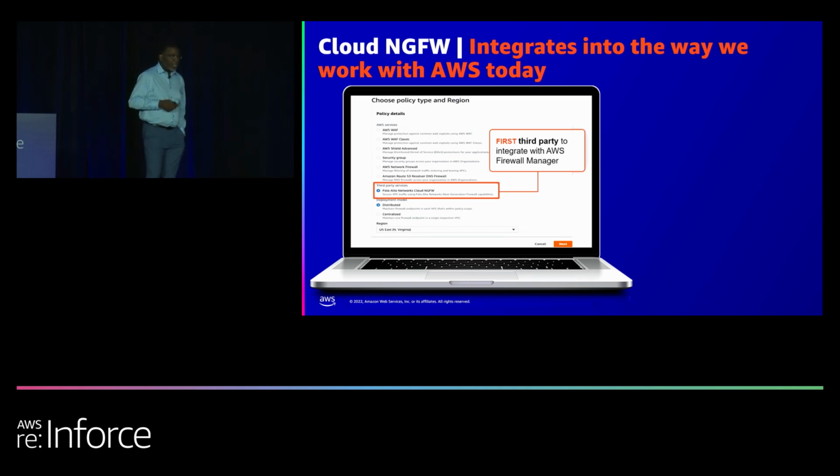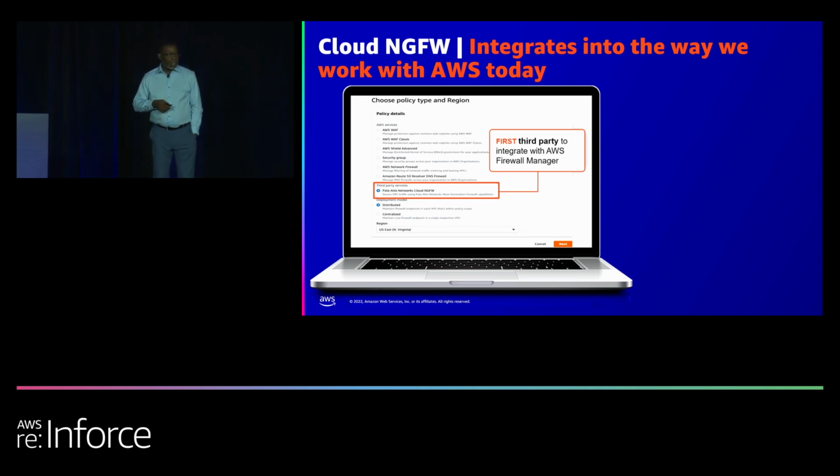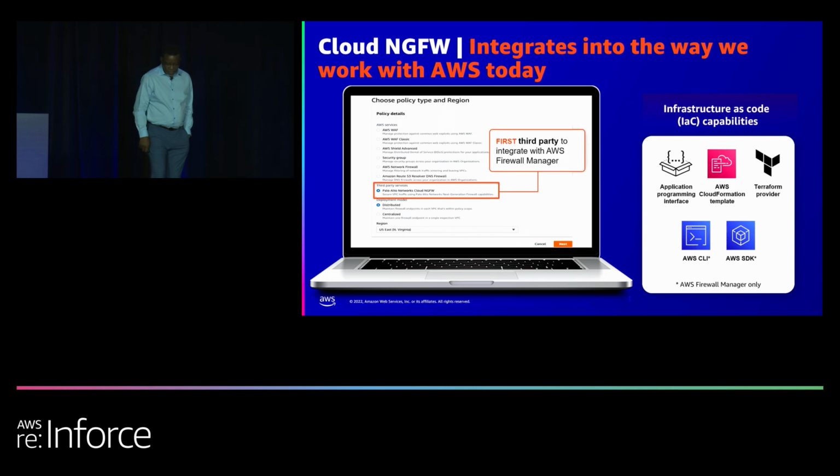A single pane of glass. So now all of a sudden I'm thinking to myself, I got a single pane of glass. What that means is all of my firewalls now go away, and I can monitor all my traffic in one place. Not only can I monitor all my traffic from one place, now all of a sudden I can integrate infrastructure as code.